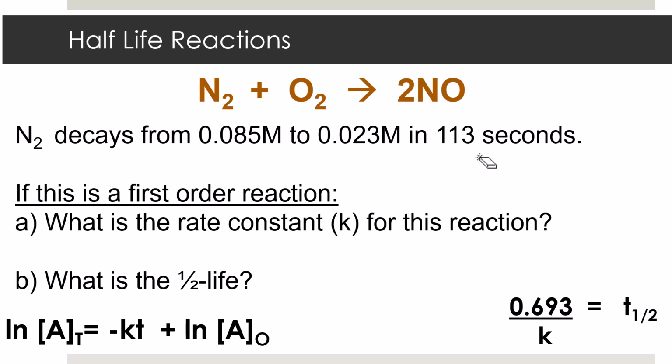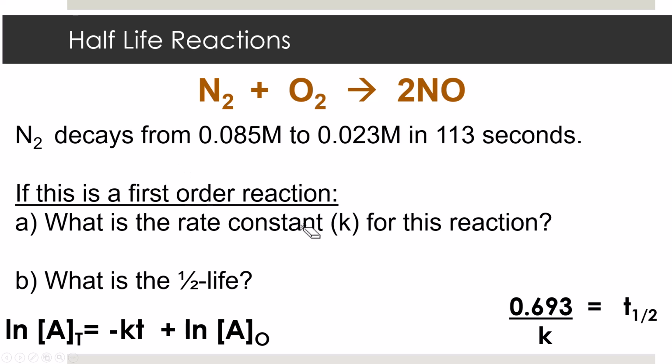So we've got a lot of information that this question is asking for. It's asking us to solve for k, and it's asking us to solve for half-life. So how do we get to that answer? The first thing I'm going to determine is how I can solve for k. I have these two equations for a first order reaction. I'm going to try my simple one first, because why not?